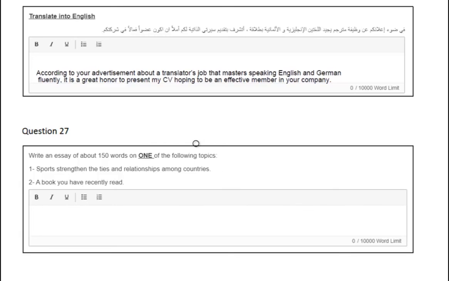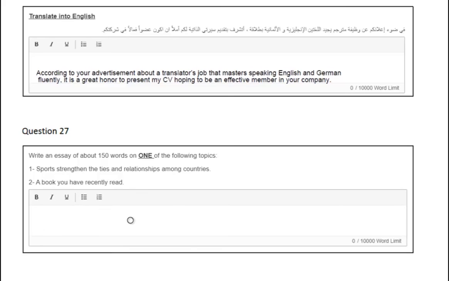It is the sentence that has the main idea of the whole essay. Then paragraphs 2 and 3 we call body paragraphs, or if you have only one paragraph, paragraph 2 is the body paragraph, and the last one is the paragraph that has the conclusion of the whole essay.